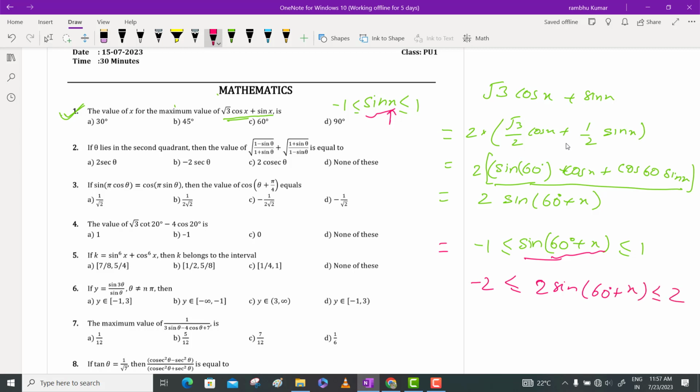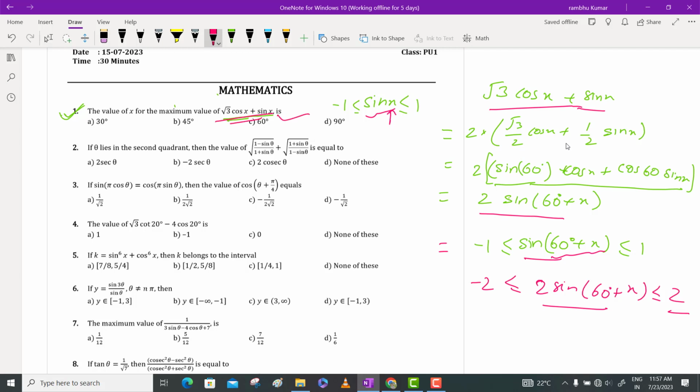Now we can say here this 2 sin 60 plus x lies in between minus 2 and 2. So maximum value of this is nothing but 2. So the maximum value of this given expression is nothing but 2.